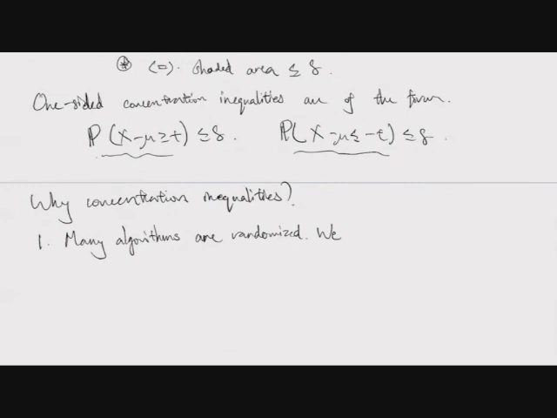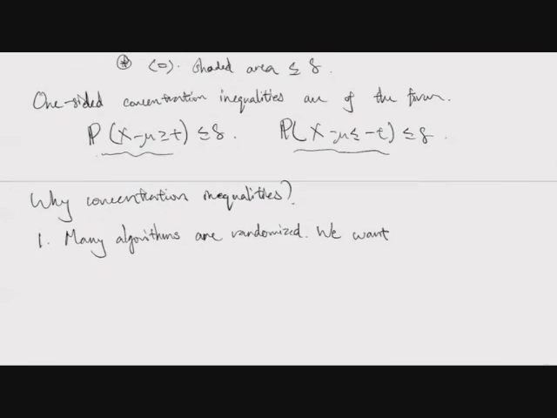And we want to say not just something about the expectation, but that with high probability, meaning you want some tail probability, some sort of upper tail probability on the running time. So we want to be able to obtain concentration inequalities for running times.